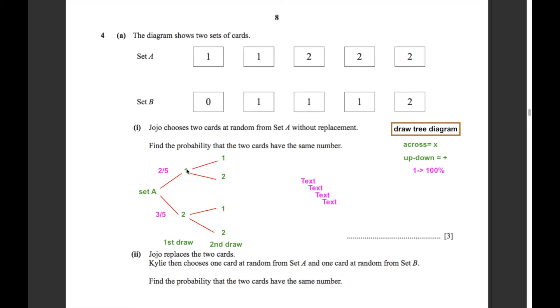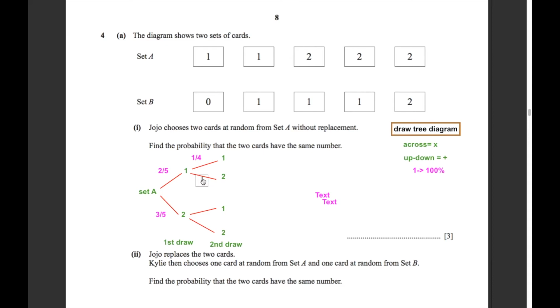Say the first time we ended up getting the card labeled 1. What's our probability of getting a 1 the second time? Remember, without replacement, that means we don't put this one back in. So the chance of getting a 1 again is only 1 out of 4, because this one is not there anymore, so the total number of cards is 4.